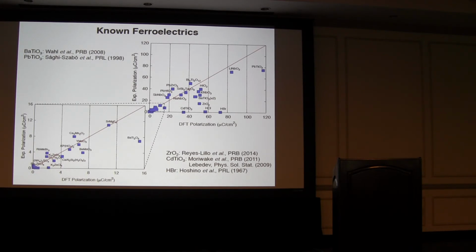It switches below 50 degrees Kelvin. Are these room temperature or all temperatures? Cadmium titanate switches fine. TC is 50K. Oh, okay, so perhaps I should update this. Yeah, you should.